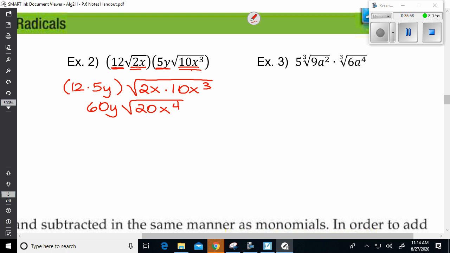20x to the fourth, you have to break down. So, square root of 20 can break up into 4 times 5. Square root of 4 is 2. Square root of 5 is the square root of 5.